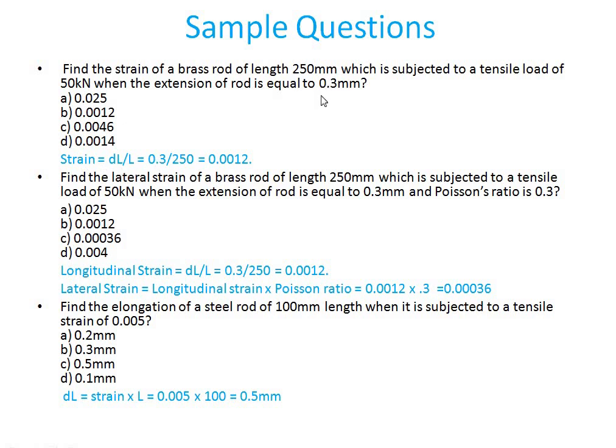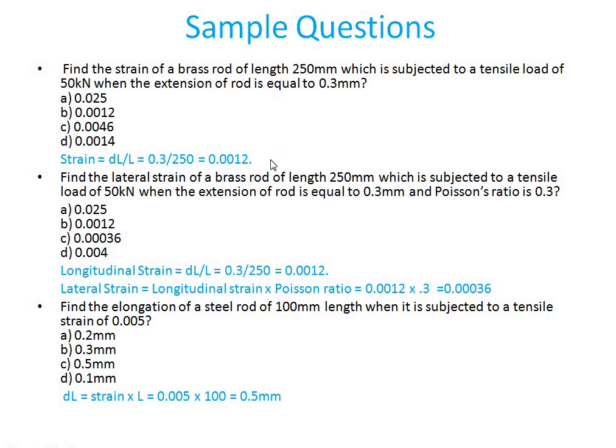The change in length was 0.3 and the length was 250, both in mm. So the value is 0.0012, and that option B is going to be your answer. Here the 50 kilonewton has no use in solving this problem. That value is given to confuse you.